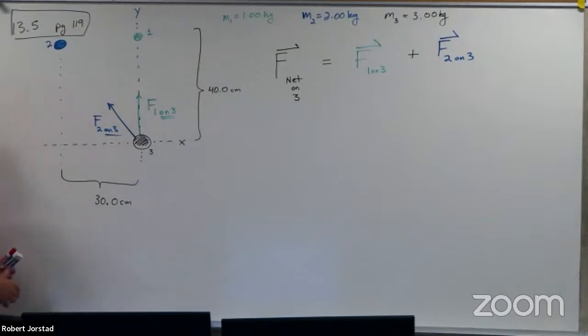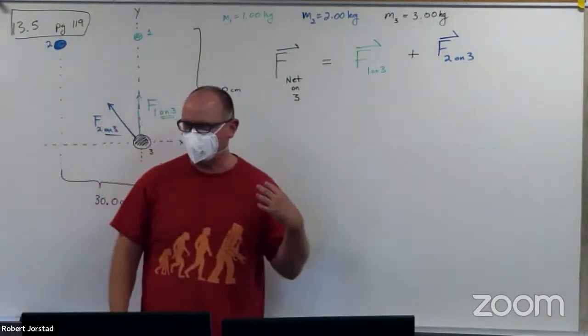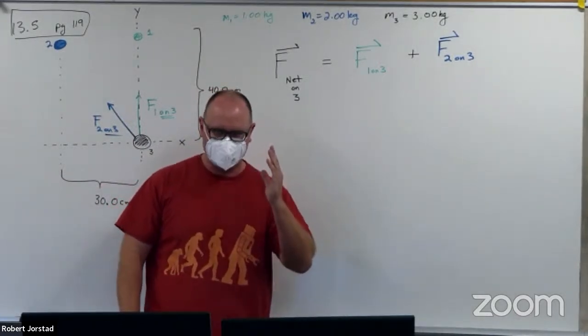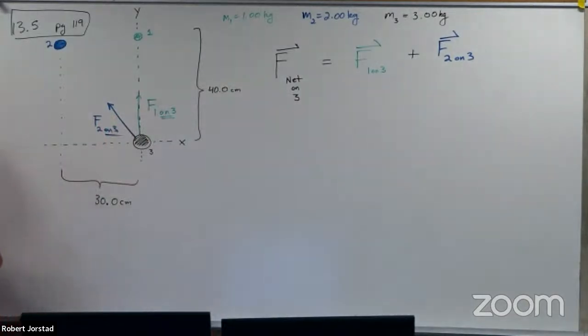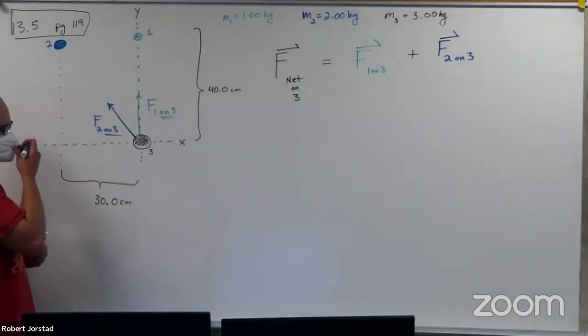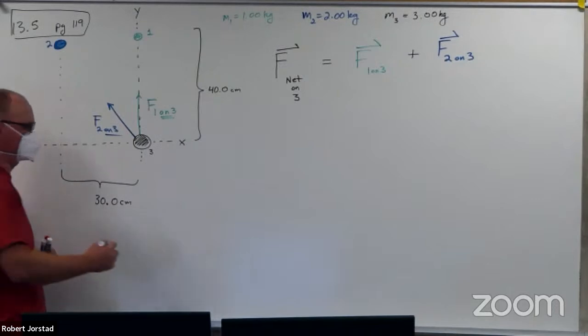So in the previous problem, we didn't have to do that because everything was in a straight line. Do you remember that? Now we have i hats and j hats. Okay, enough said. Now we need to do our full vector force equations. I'm going to show you two styles of doing this, and we're going to work this the rest of the day.